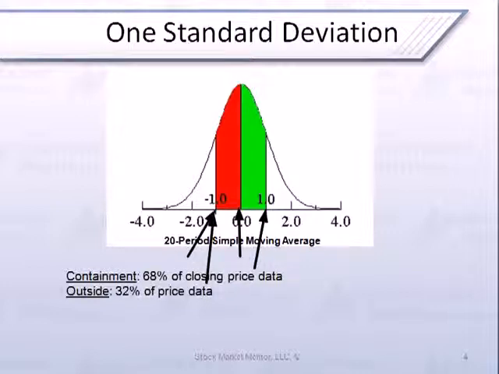Most of the prices are going to be hovering right around this midline, the 20-period moving average. Well, if you just have one standard deviation, you're ultimately going to contain only about 68, we'll call it 70%, of the closing price data. So there's going to be prices that are outside the bands quite a ways, frankly, to a point where they really don't do you much good.